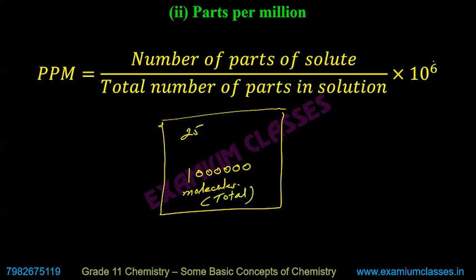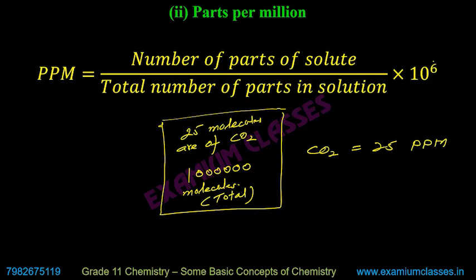And out of these total 1 million molecules, 25 molecules are of say CO2. Then we will say CO2 is 25 parts per million.